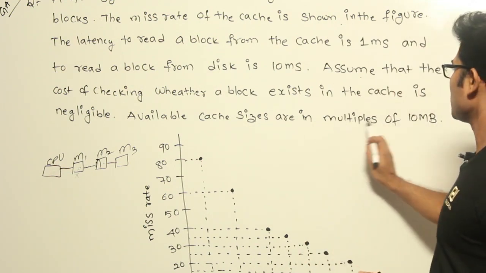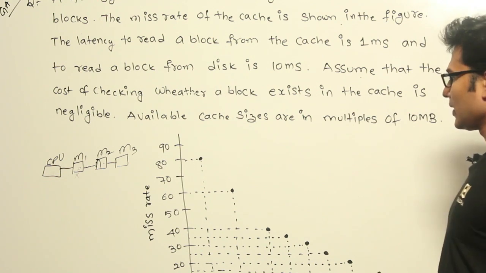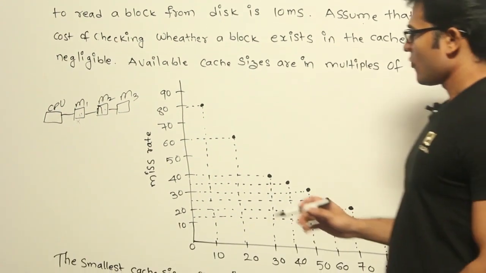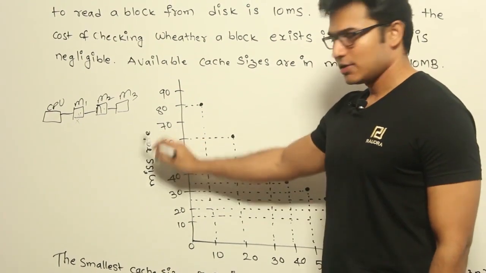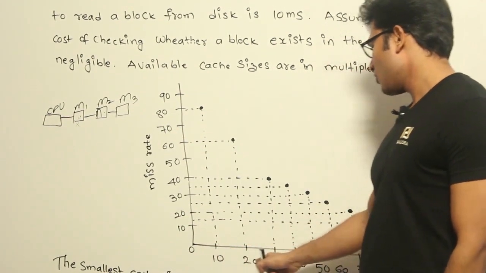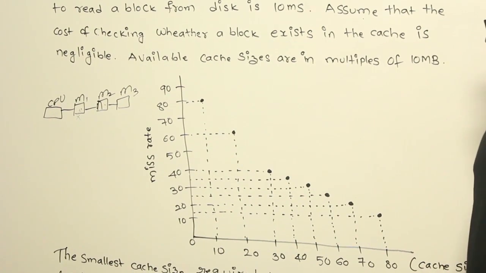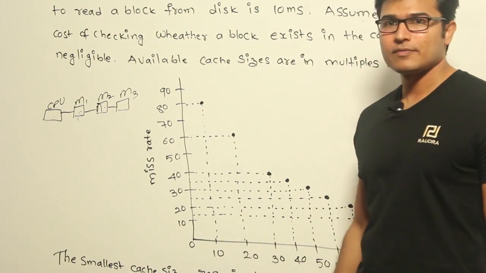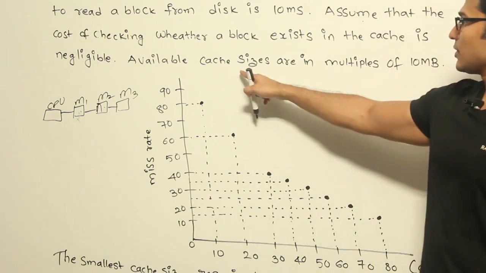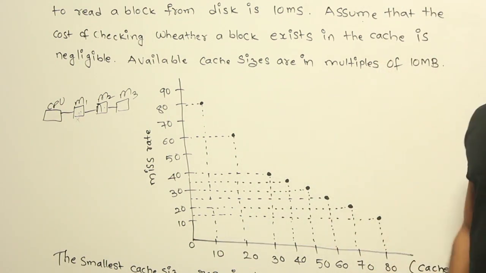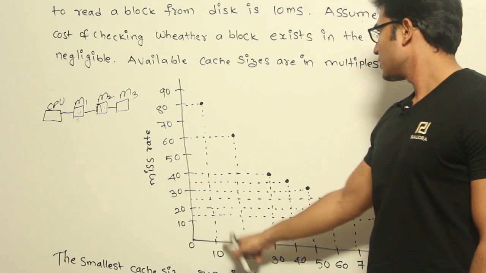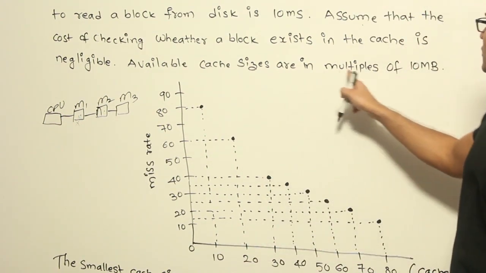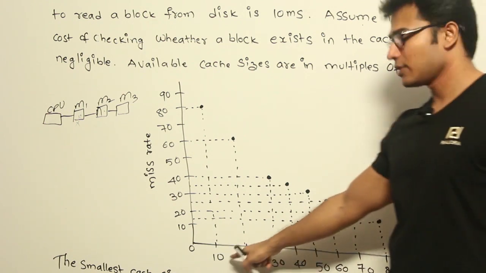Available cache sizes are in multiples of 10 MB, and they have given this diagram. This diagram shows what the miss rate would be for each cache size. Available cache sizes are in multiples of 10 MB, so this first point is 10 MB.